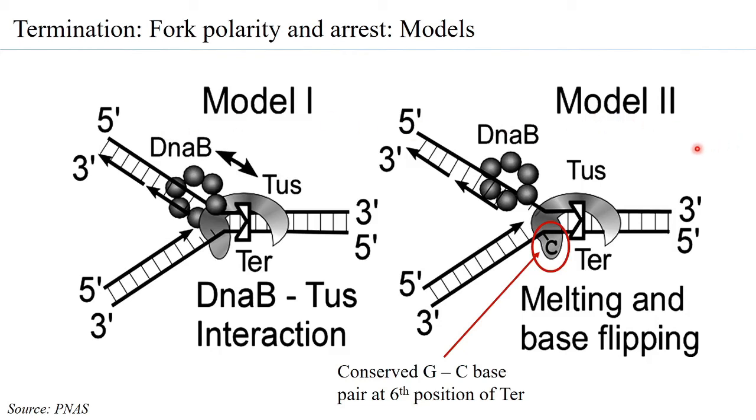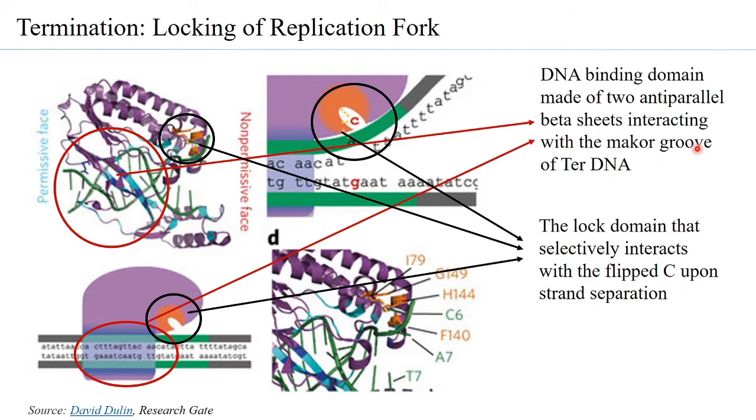Okay, so several studies having been done, what was observed is that the locking of the replication fork does happen. Studies have shown that the Tus protein definitely binds to the Ter region through its antiparallel beta sheets.